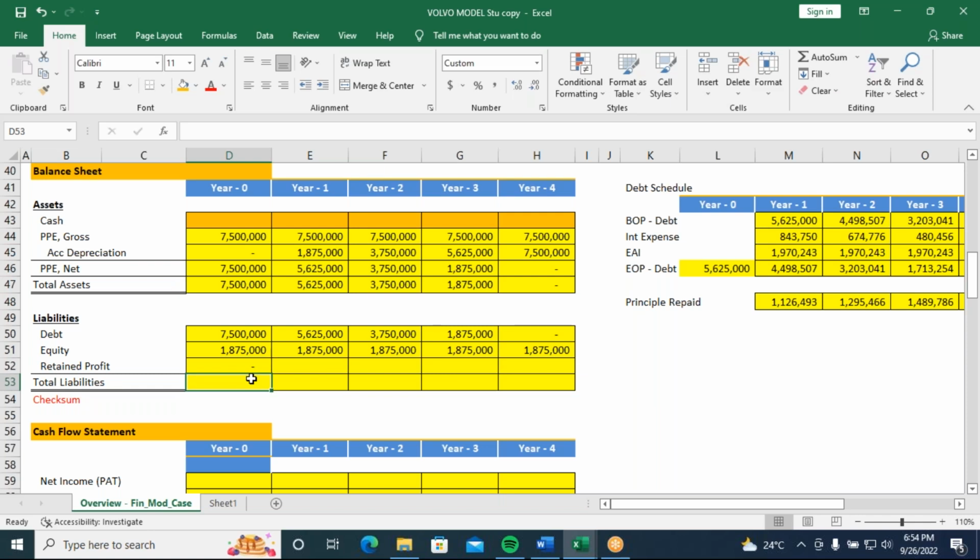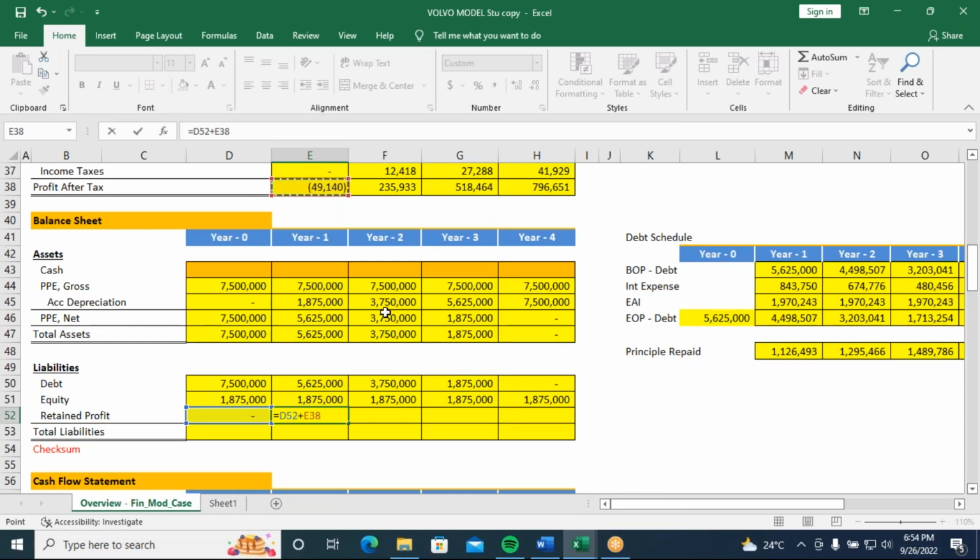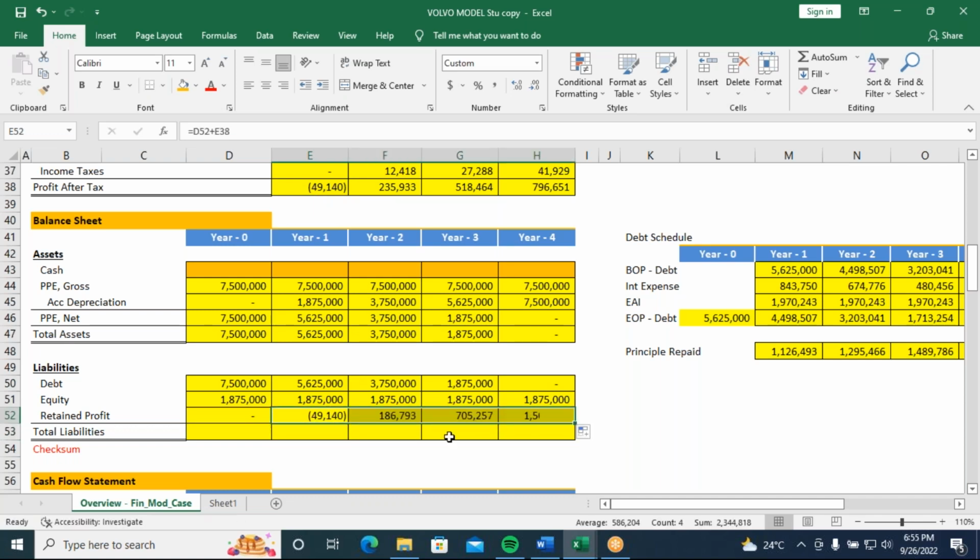Next year, it is equal to D52, that is retained profit for the first year, plus the profit after tax. So this will be my retained profit. I'll just select and drag.